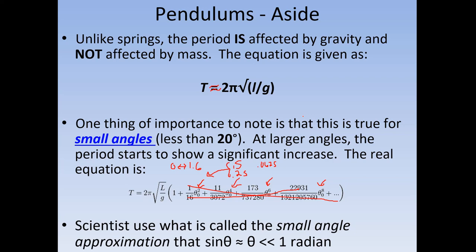That's pretty much the only reason why you would need to know this for pendulums. Like I said, it's nothing more than a reason as to why the equation that we use might not give the exact same period that we expect in class.